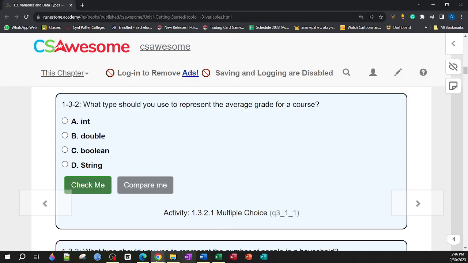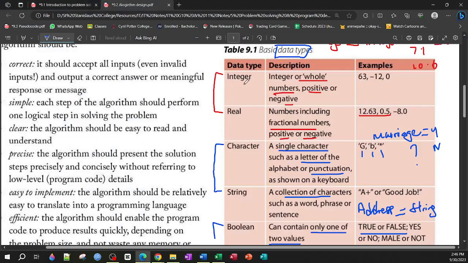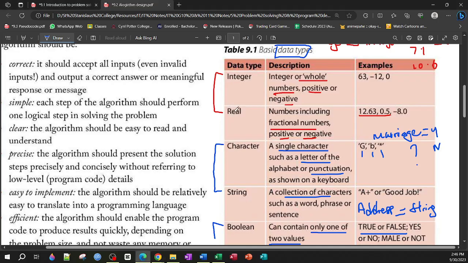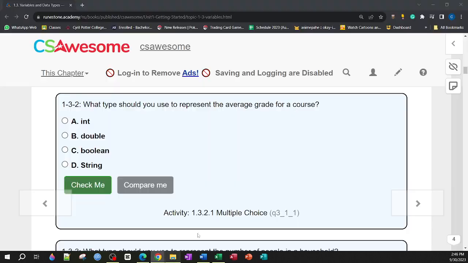That's just short for integer. Double is another word for real. Boolean, we already learned was Boolean and we know was string. So what type should you use to represent the average grade for a course? Which one?